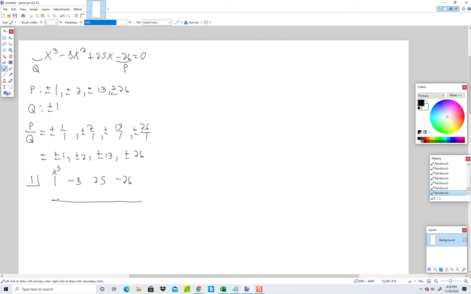Okay, so we're going to add, multiply, add, multiply, add, multiply, and add, and we're looking for a 0 here, and there's no 0 on that one, so that's not one of our answers. I don't care what value it is. We're looking for 0. So anything that's not a 0, we exclude.